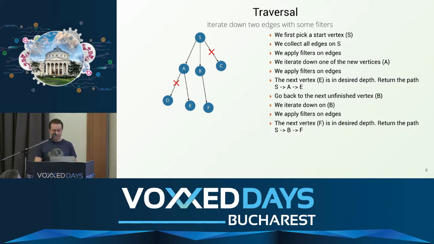In this case, it's okay. And now I got the second result. So this traversal gives me 2 results, SAE and SBF. And then again for F, I have to do the same thing. I'm on depth 2, so I don't have to do anything here. Go back to B, check if there is any edge that I haven't processed yet, and then go back to S.